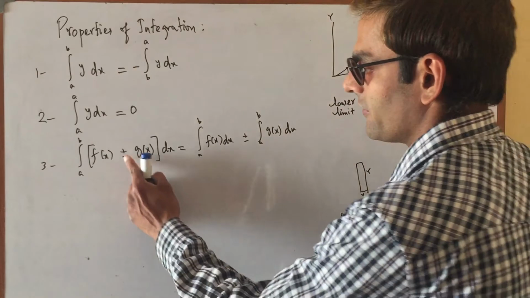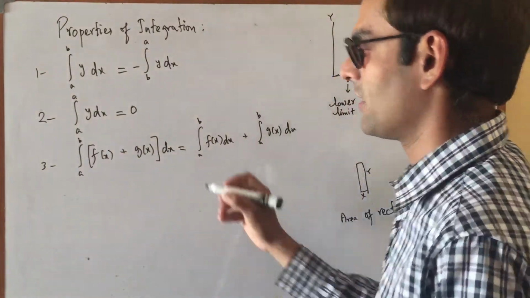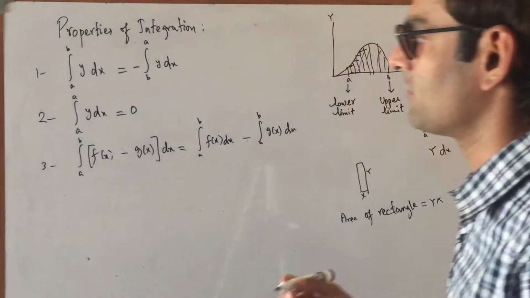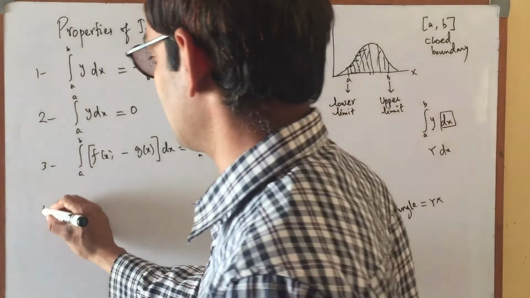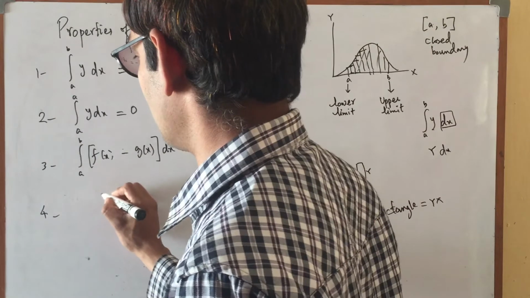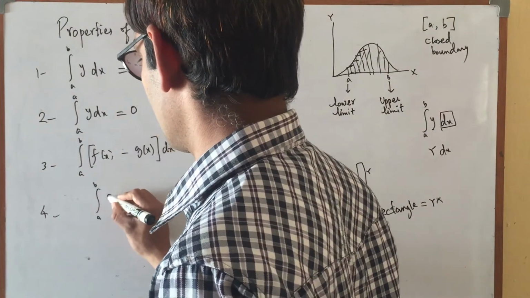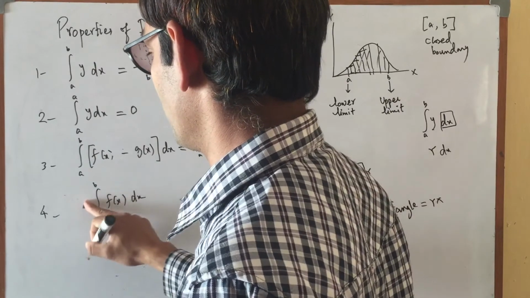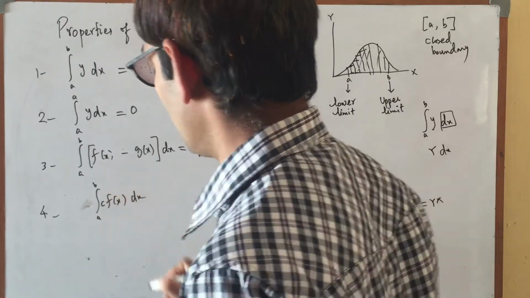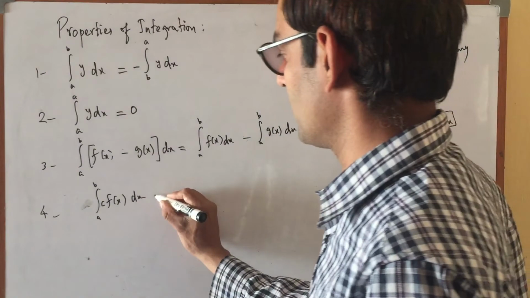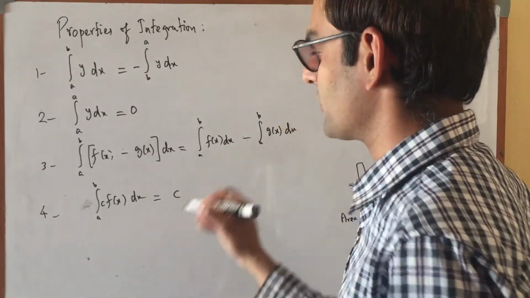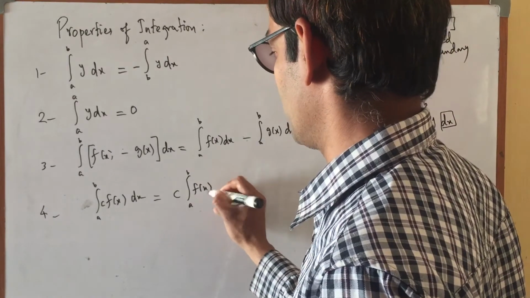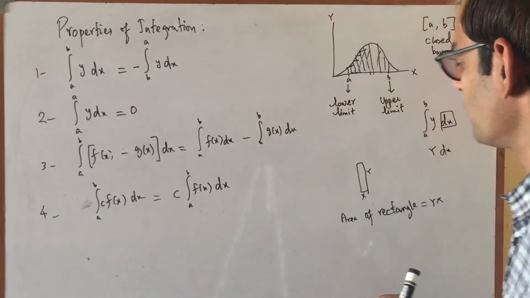If the sign is positive, it is like this, and if the sign is negative, it is like this. This is a basic property. Another property: if you have a constant multiplied with a function, we can put the constant outside and write it this way.